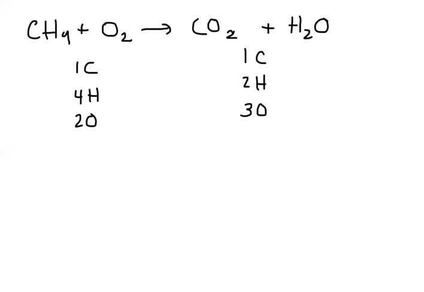We have 4 on that side, 2 on that side, so we need to multiply what by 2? H2O. So now I'm going to change the numbers of how many hydrogens and oxygens I have. So now I have 4 hydrogens and 4 oxygens because I have 2 from the CO2, and I have 2 times 1, 2 more, 2 plus 2 is 4.